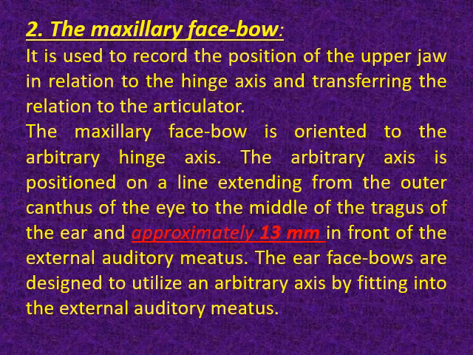The arbitrary axis is positioned in a line extending from the outer canthus of the eye to the middle of the tragus of the ear, and approximately 13 mm in front of the external auditory meatus. This represents the center of rotation or axis of rotation of the condyle. The ear face bow is also designed to utilize the arbitrary axis by fitting into the external auditory meatus.